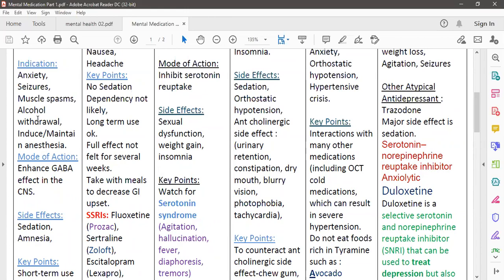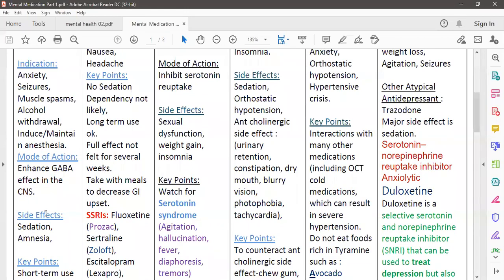Or we use to induce or maintain anesthesia. The mode of action of benzodiazepines is that they increase the GABA effect in the central nervous system.